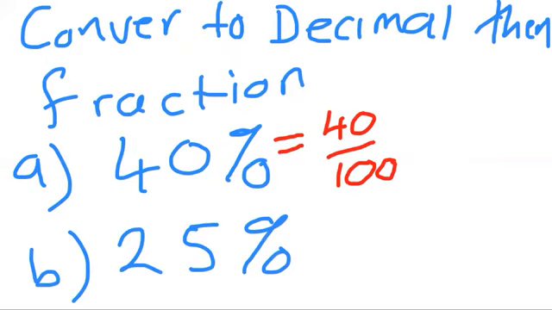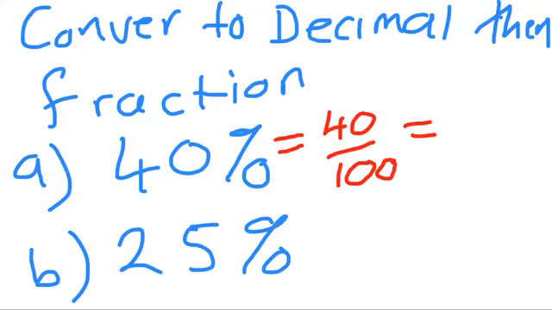And you also remember that 40% is 40 out of 100. So this is clear. 40% is actually 40 out of 100, because x percent is x out of 100. So 40 out of 100 is already in fraction.